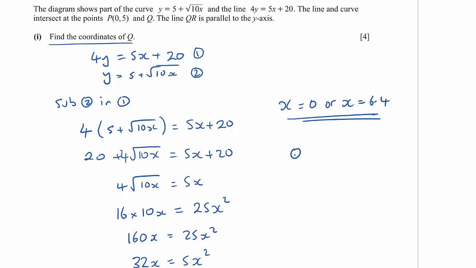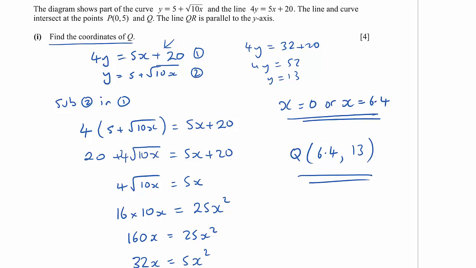So then the coordinates of Q are going to be 6.4, and if x is 6.4, let's go back to here. We've got 4y equals 5x, which actually is 32, plus 20, so 4y equals 52, so y would be 13. So it's (6.4, 13).